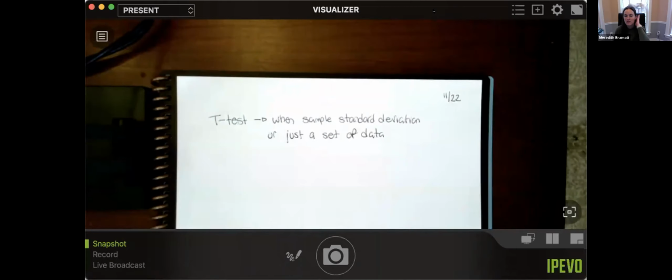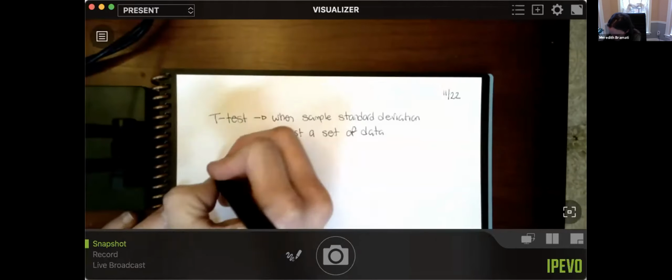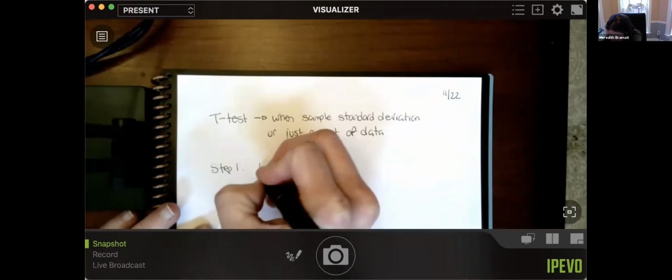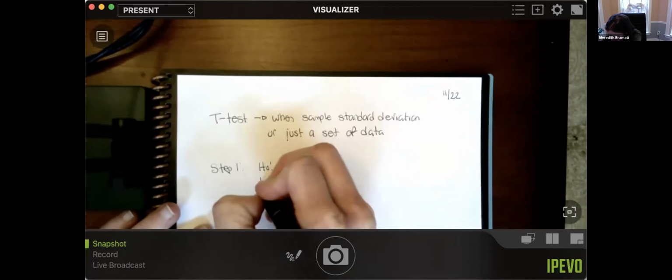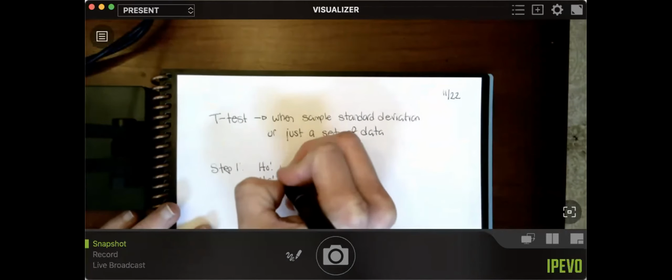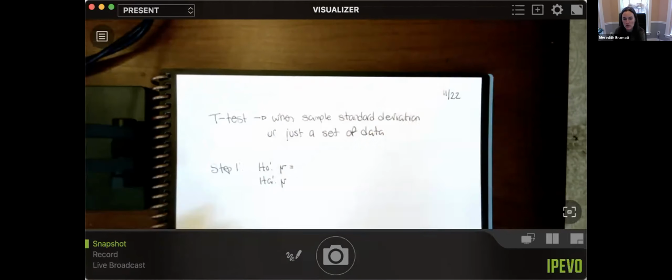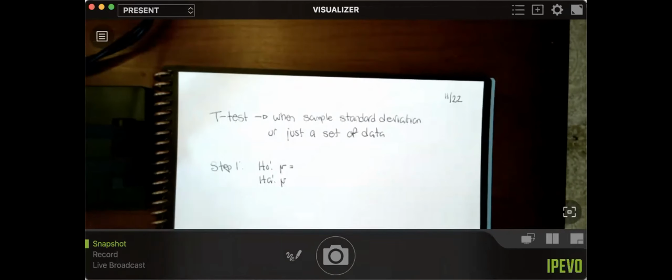Same rules apply for this that applied for the confidence intervals, so that hasn't changed. And the first step of this is to write HO and HA. We are still working with mu, okay? And our null is still equal to. So that hasn't changed.